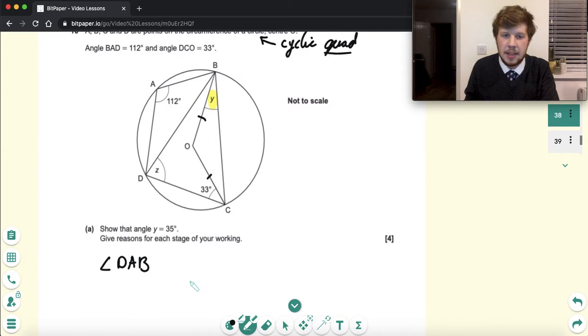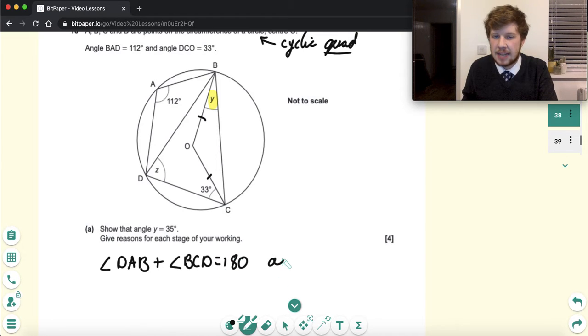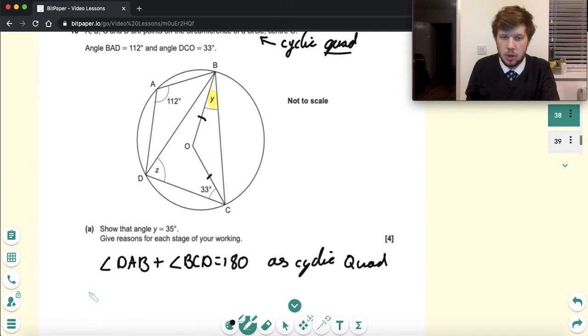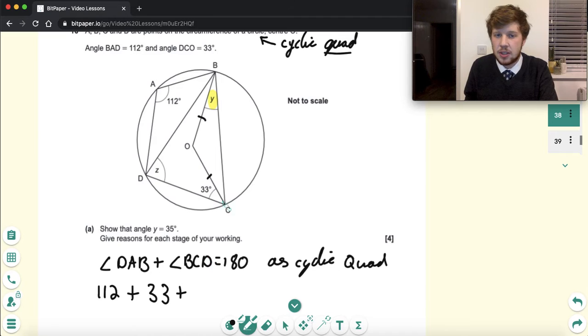Looking at this, angle DAB plus my angle BCD is going to be equal to 180 as cyclic. Because it's a cyclic quadrilateral, my opposite angles are going to sum to 180. So 112 is angle DAB plus 33 plus some angle OCB is going to be equal to 180.